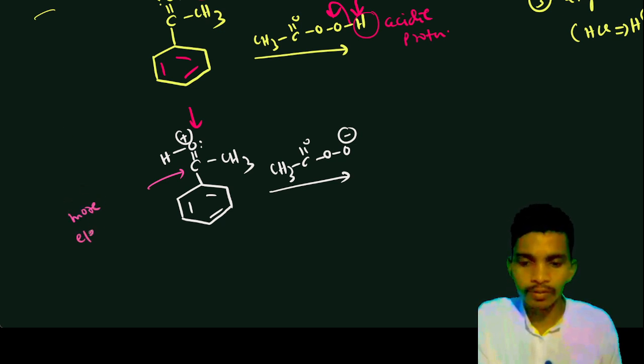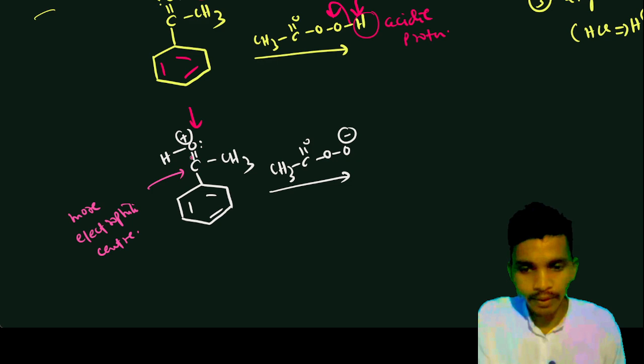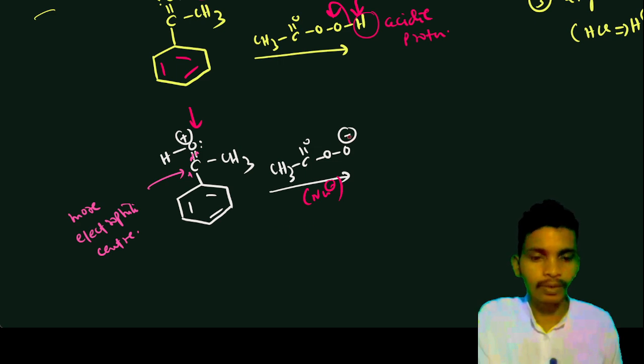Then this oxygen will take electrons toward itself, so this is going to be more positive charge. So now it acts as a nucleophile, because the negative charge is there.